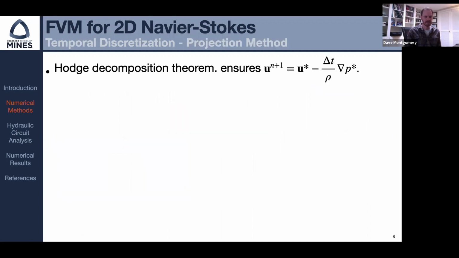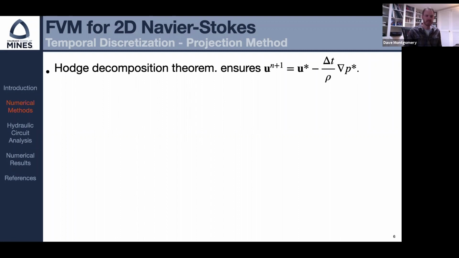After spatial discretization, a Chorin-like projection method is used to march forward in time. The method decomposes the incompressible velocity field, u^(n+1), into the sum of a smooth but not necessarily incompressible velocity field, u star, and the gradient of a scalar field, p star.